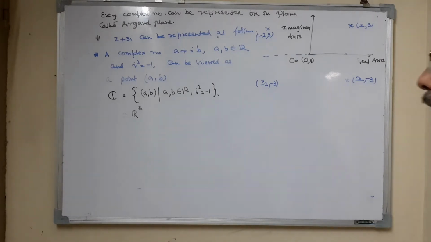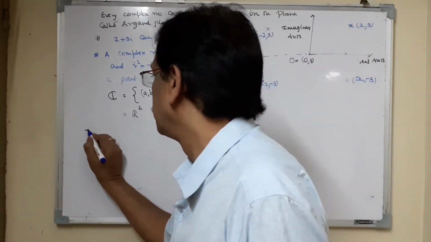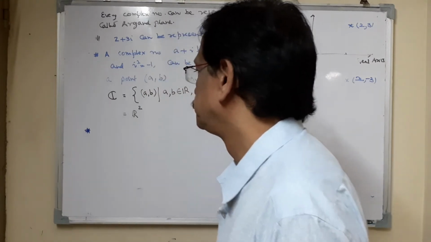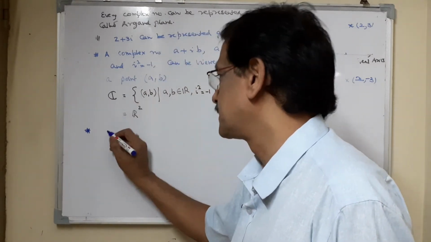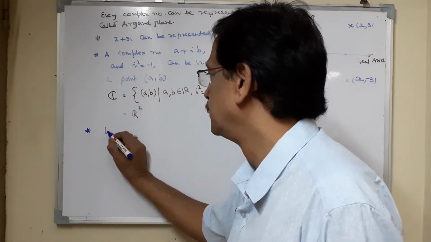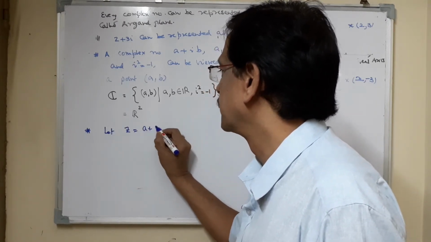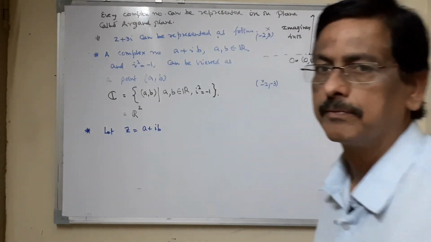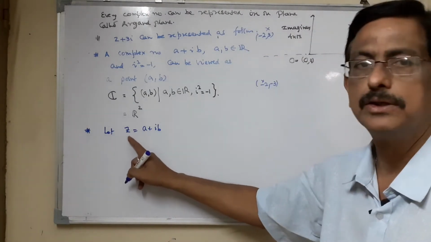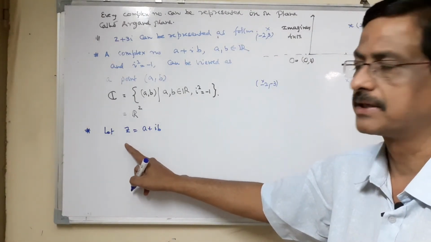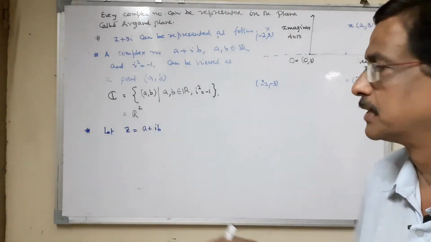Now after looking at this, let us see another form of representation. Let z equal to a plus ib. This is the usual way of writing a complex number. We'll write z, z1, z2, z3 and so on.